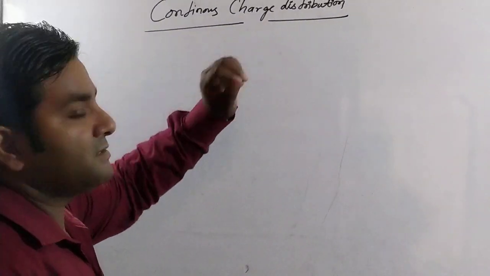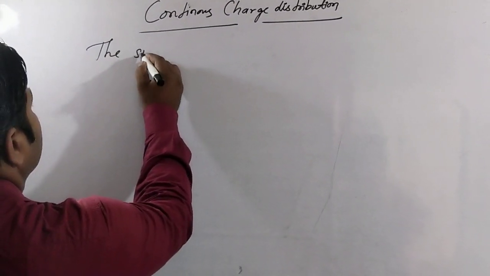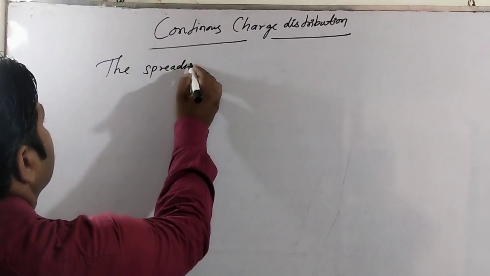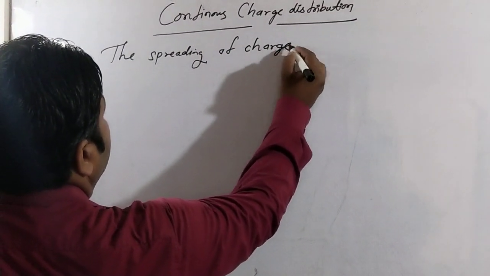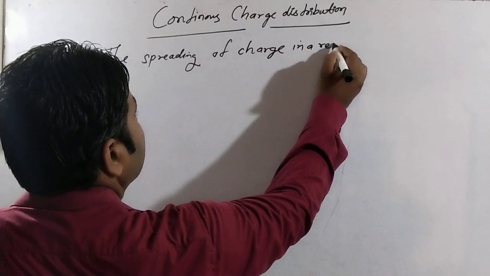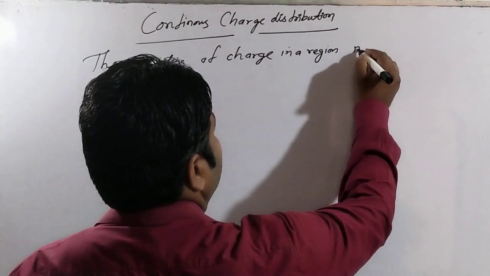Continuous charge distribution means the spreading of charge in a region in a continuous manner.